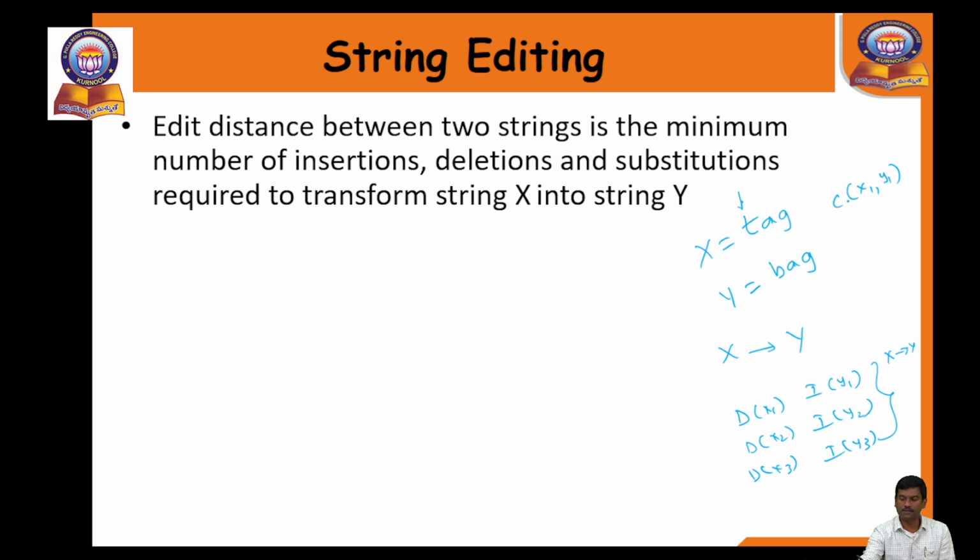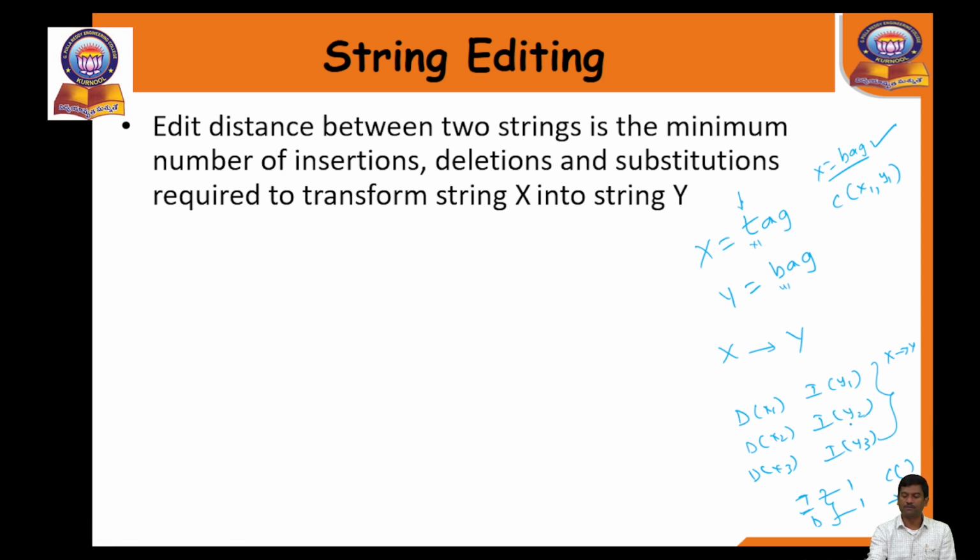So if you consider the cost of the edit operations, for insert the cost is 1, and for the delete operation the cost is equal to 1, whereas for change the cost is equal to 2.